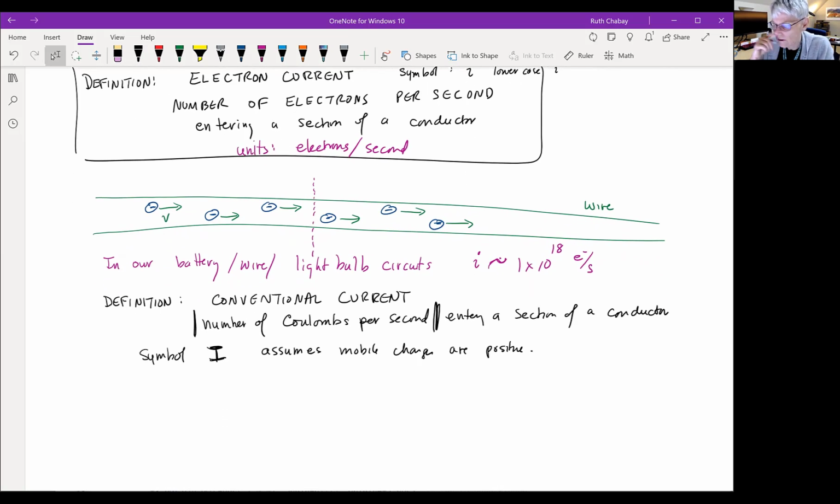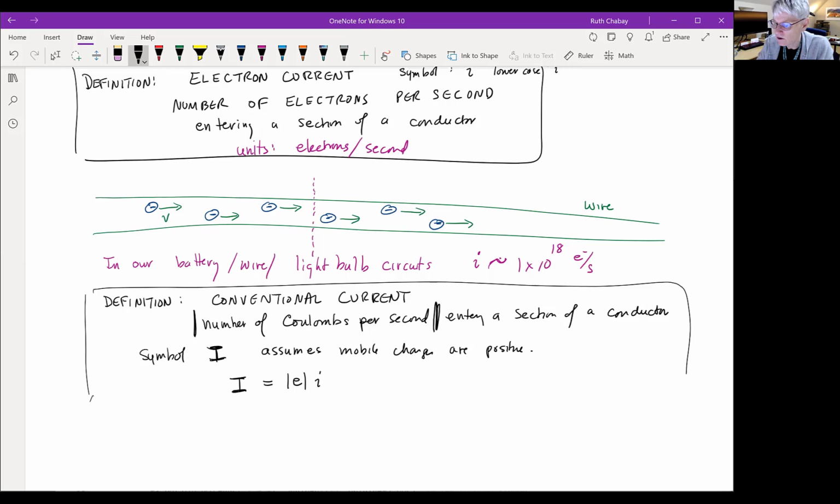So the relationship would be conventional current is equal to the charge on an electron times the electron current here. Now, why do people talk about conventional current, and why do they assume the mobile charges are positive? This is basically due to Ben Franklin guessing wrong.